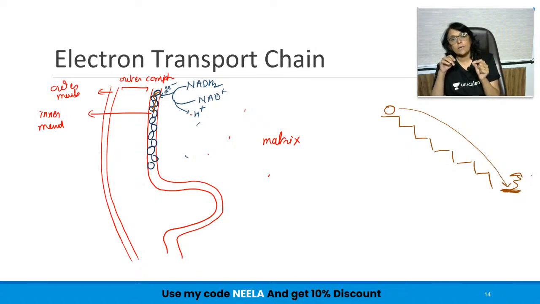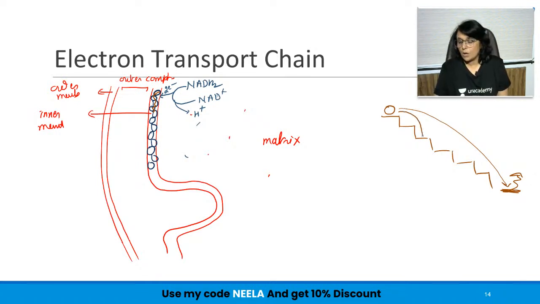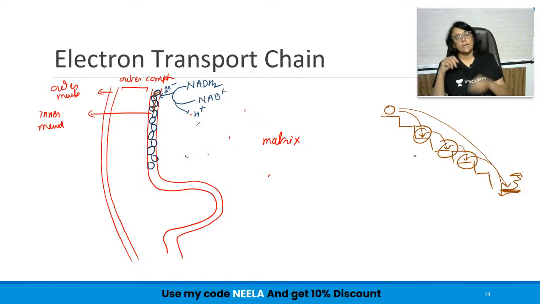So you want that energy to be released slowly. So we let the ball hop and jump, 1, 2 and 3 and then down. At the 1, 2 and 3 places, some energy is released.